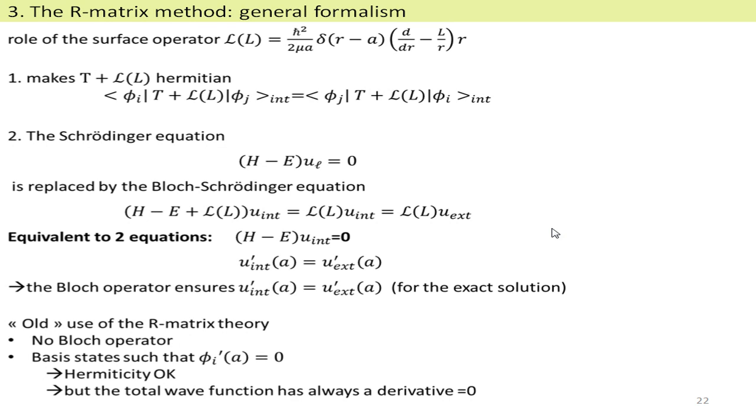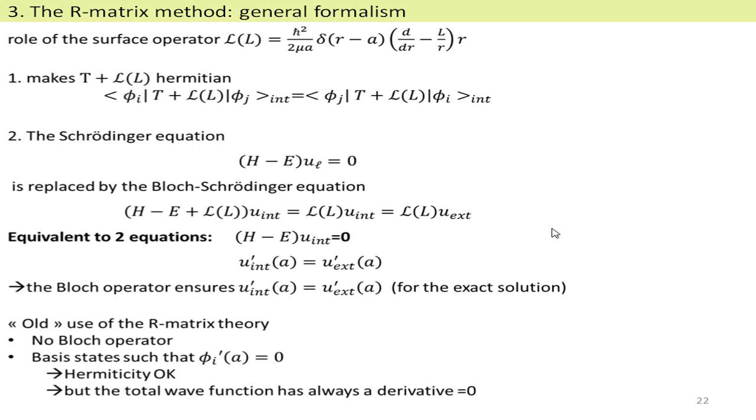And if you look at the term depending on delta, then the Bloch operator guarantees that the derivative of the wave function will be continuous. And this is one strong advantage of the Bloch operator. And this was not in the old use of the R matrix.